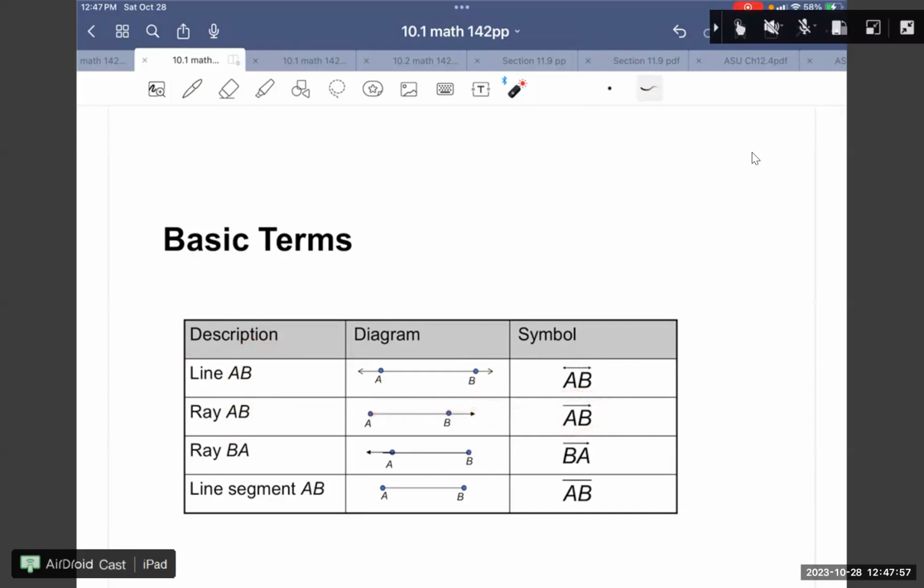That is the symbol, and ray BA goes in the opposite direction. For the segment, you have a point A and a point B, and we connect them together without arrows. So that is the segment. Remember all the symbols.